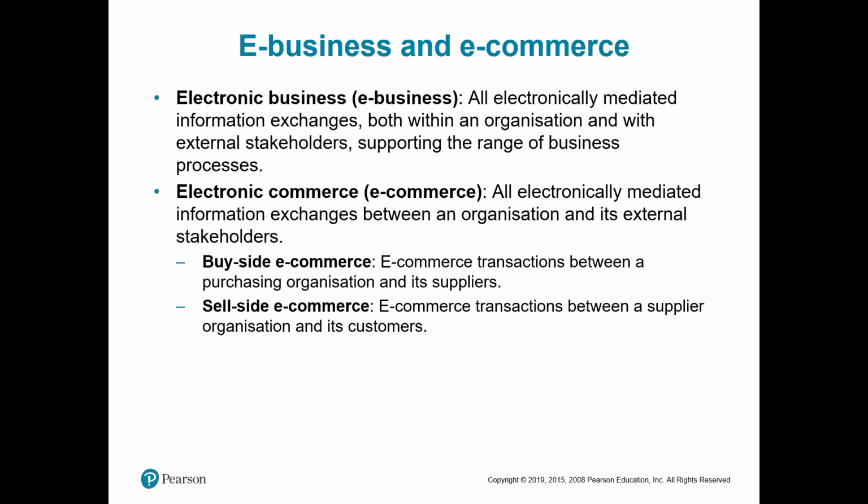We have suppliers from different institutions. If a business is buying from another business or its supplier, we call that buy side e-commerce. And then the sell side is the institution or business or organization selling its products or services to its customers. That is the sell side.